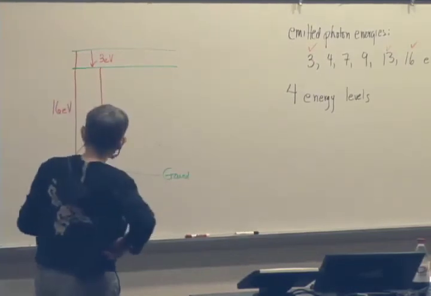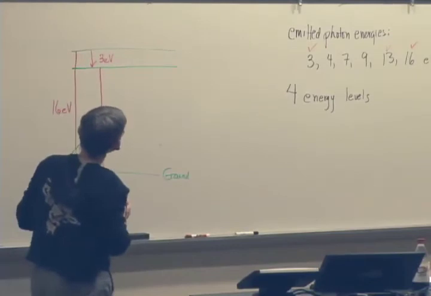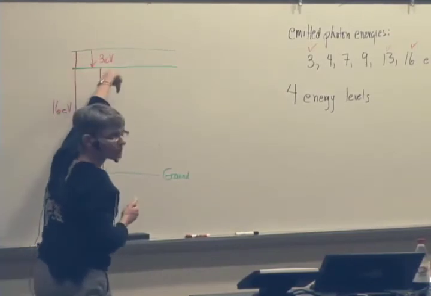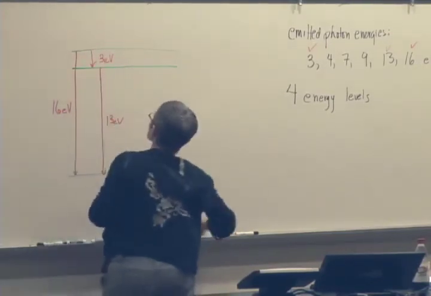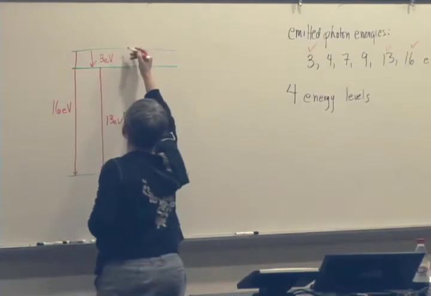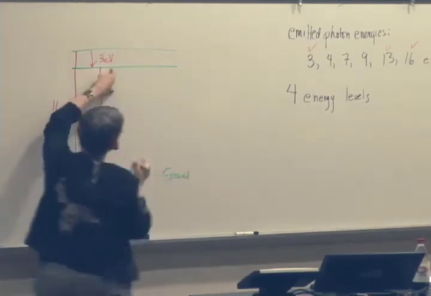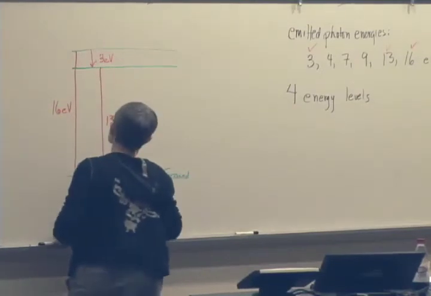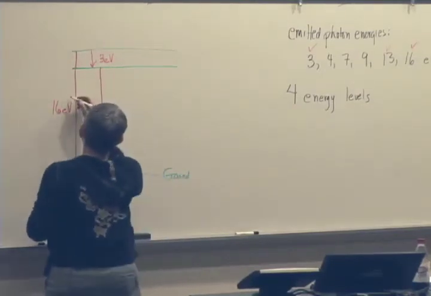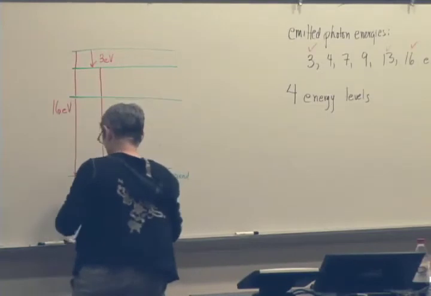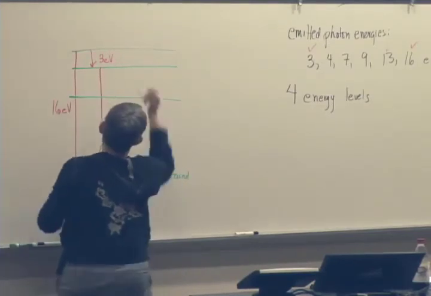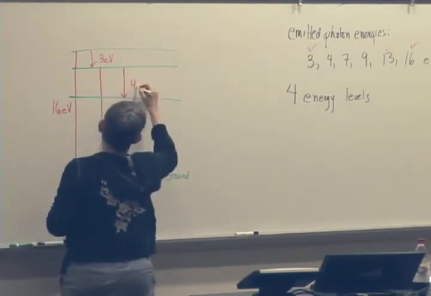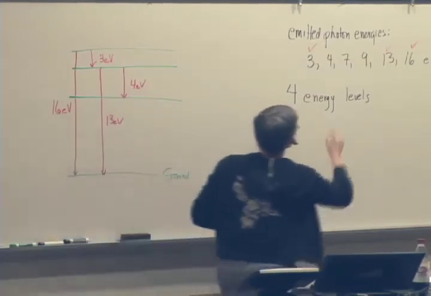So what do you want to make that? 4 eV from the top. It could be. From the second one. Oh, you want it to be from there. Okay. So we want it to be, this would be 4 eV.